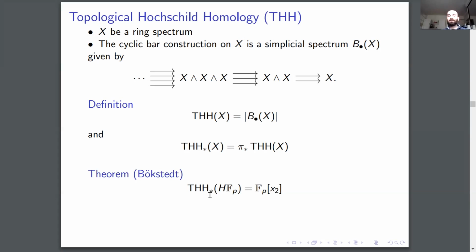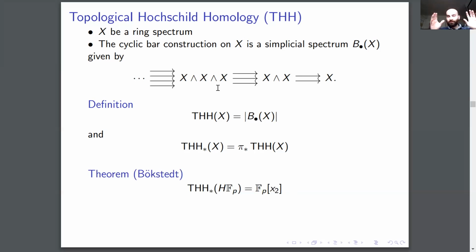And he does that. He defines topological Hochschild homology, again for trace methods, and then he computes the THH of F_p. This is a highly non-trivial computation, but the result turns out to be very simple. So THH of F_p is just a polynomial algebra with a single generator in degree 2, right? This is very surprising because you're doing smash products over the sphere spectrum.